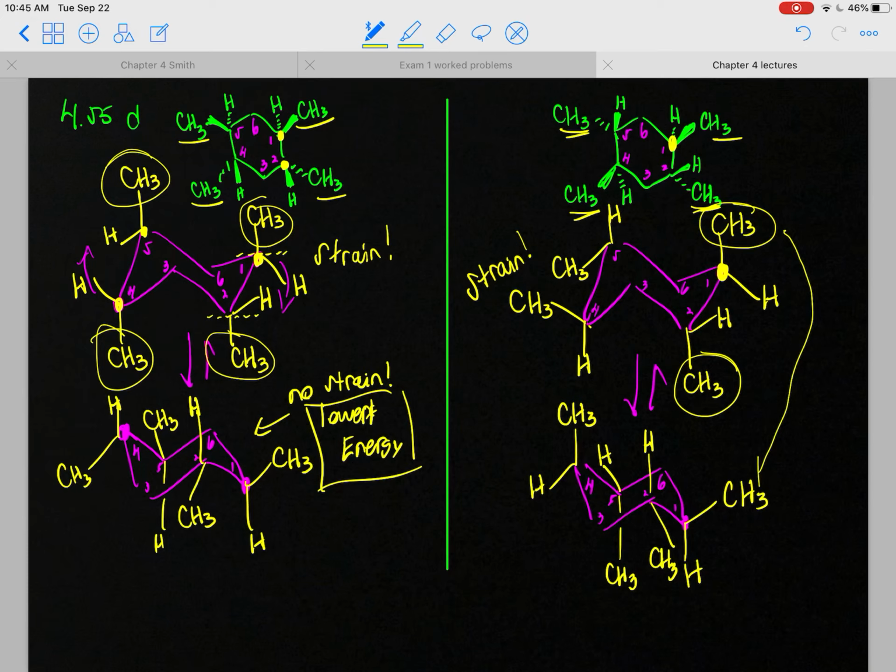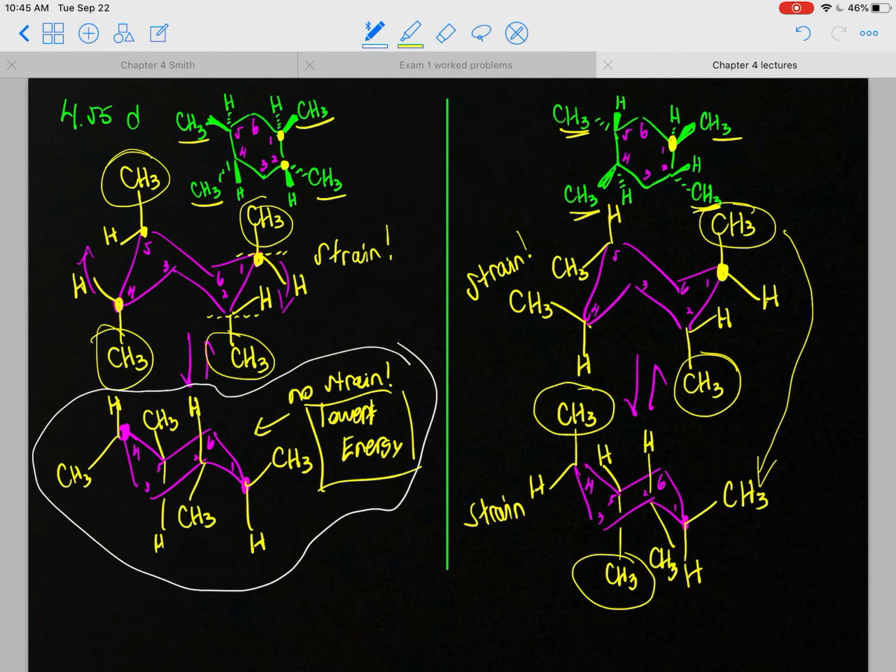So axial changes to equatorial. Now remember, equatorial methyl groups might experience some strain due to gauche interactions, but let's look at the axial strain. There's an axial methyl group, there's an axial methyl group, so this has strain. So my guess in the beginning was correct. This one here is the lowest energy because there are no axial methyl groups, compared to the other conformation which does have axial methyl groups.